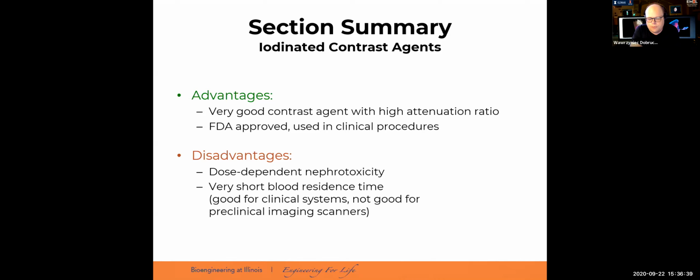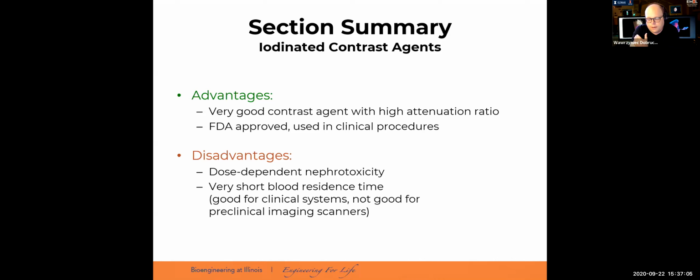As I can remind you, clinical systems have a very high temporal resolution, in milliseconds, so you can acquire images every several milliseconds. In preclinical imaging systems, it's in minutes. To acquire one three-dimensional scan takes a couple of minutes to complete.